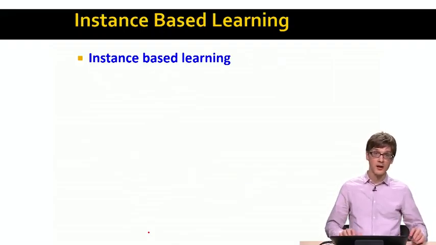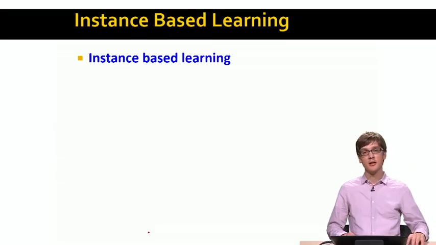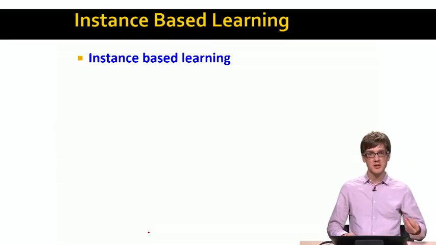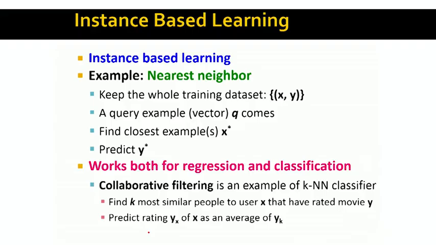So an example of instance-based learning, the idea here is that we want to use existing instances or existing data points to make predictions about unknown or unlabeled data points. The example of such a method is called nearest neighbor, right?